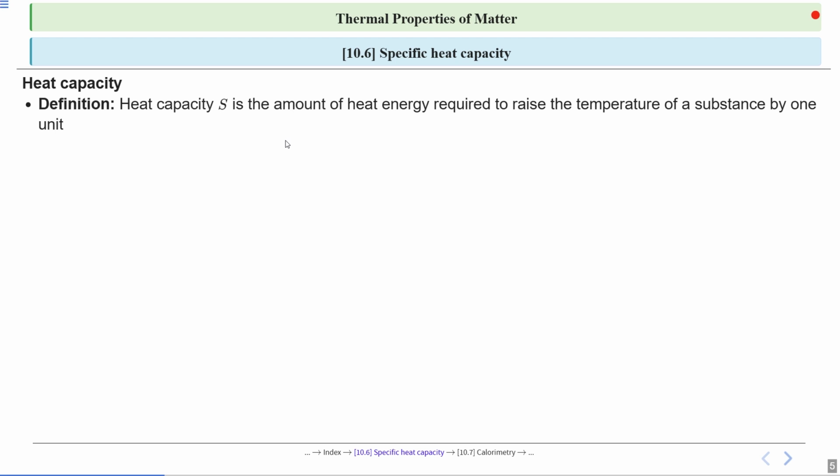So this leads us to a key question, and that is how much heat is needed to raise the temperature of a substance. So this is where heat capacity comes in. If we talk about the definition, heat capacity S is the amount of heat energy required to raise the temperature of a substance by 1 unit.